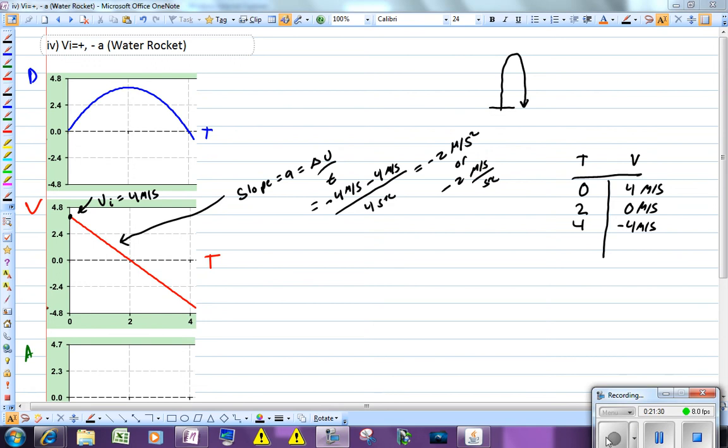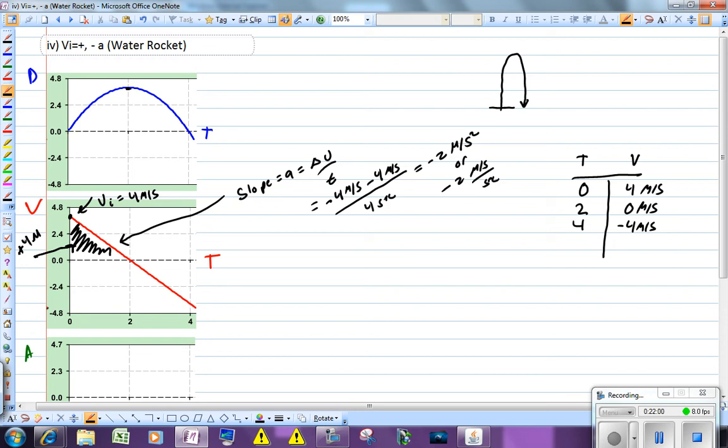Another interesting feature of this particular VT graph, if I was to just highlight this area, that is going to give you a positive displacement. In fact, 4 times 2 gives you 8, divided by 2 to get the area of that triangle. This represents a displacement of plus 4 meters.